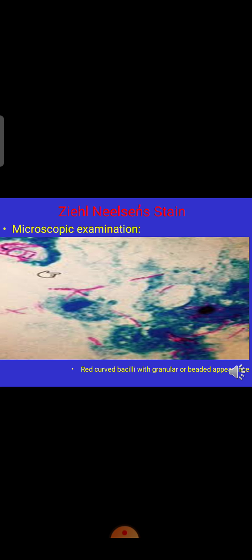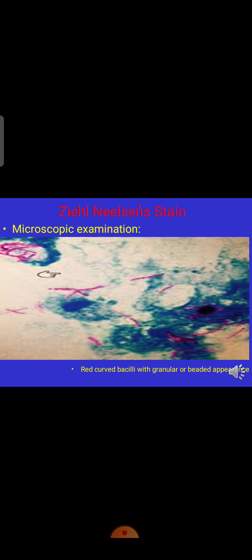If we examine a Ziehl-Neelsen stained slide under oil immersion, the acid-fast bacilli, the mycobacteria, appear as red, curved bacilli with a granular or beaded appearance.